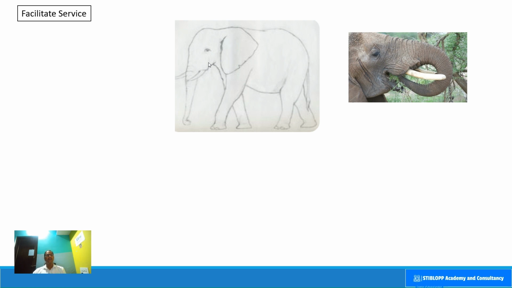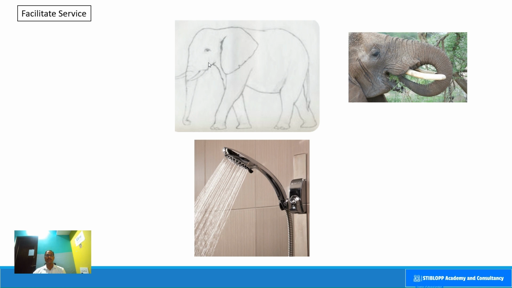Okay, and the real practical examples that we have that have been designed from this particular example is one, this one, the flexible shower pipe. The main shower cannot reach all the parts of the body.